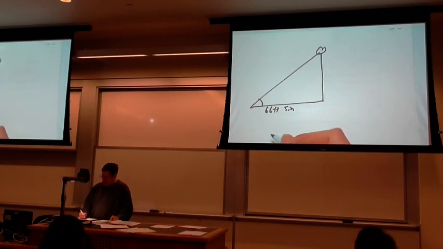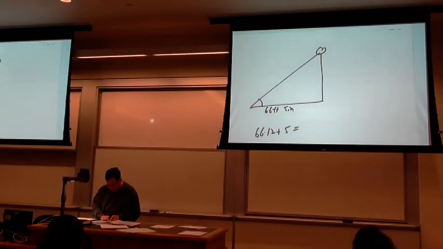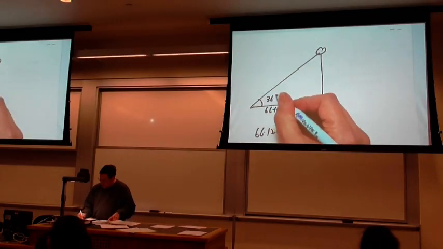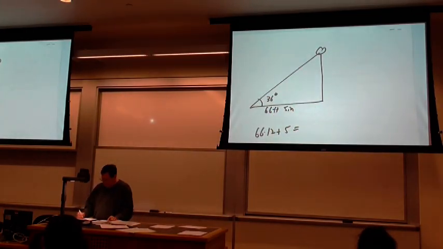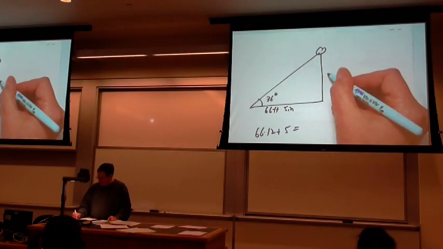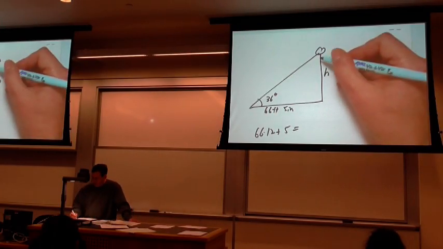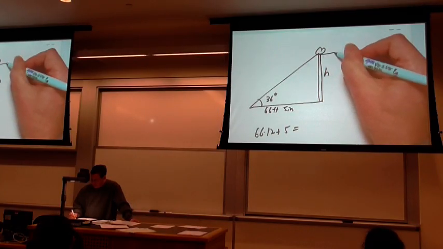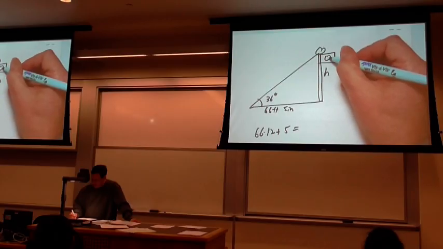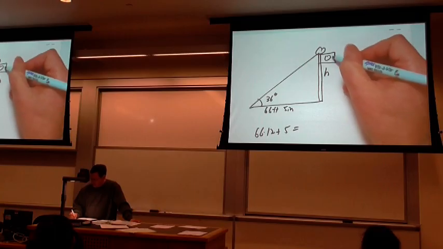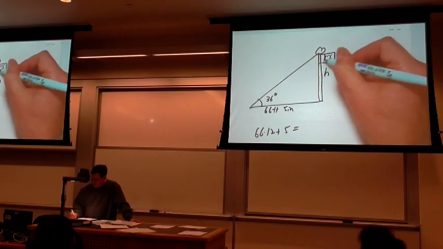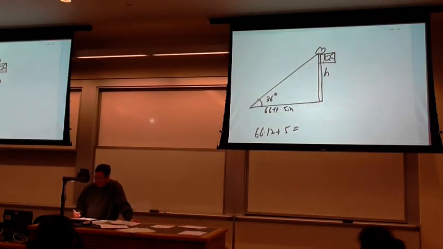So, in a nutshell, 66 feet times 12 inches plus 5, we'll figure that out later. But the angle is 36 degrees, so let's call that h, the height of the flagpole. I don't know what flag you want up here. Just make up our own flag.